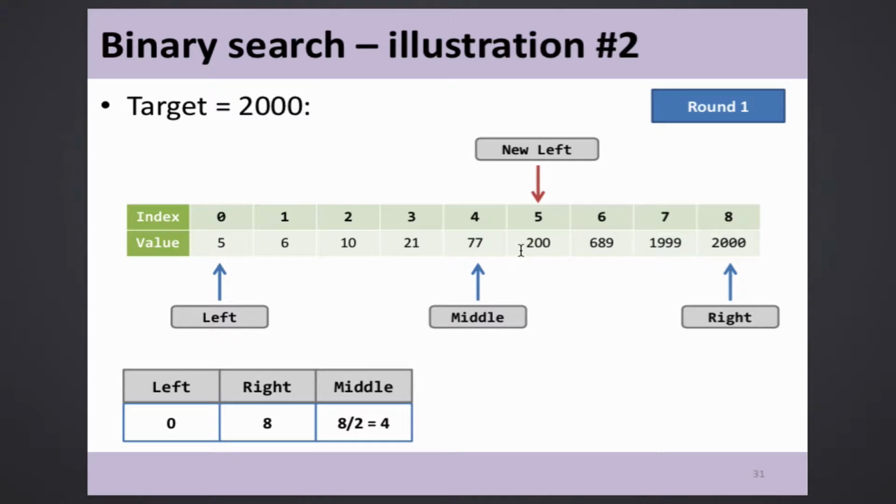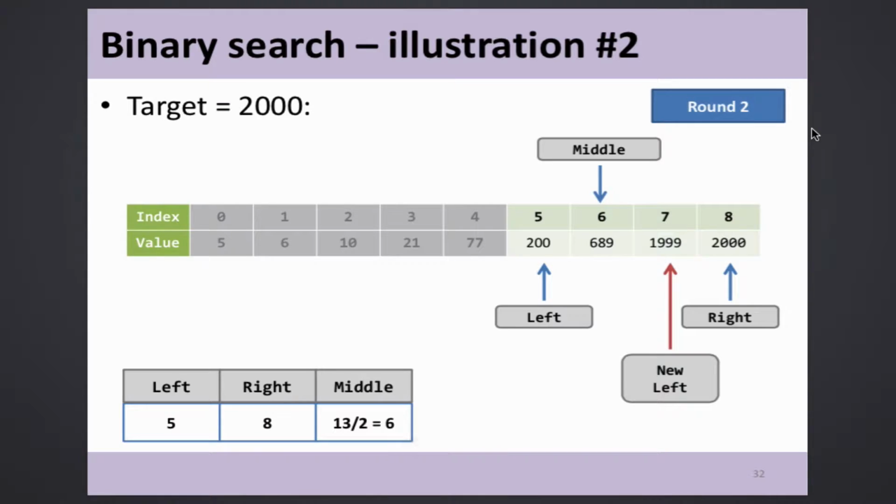Okay, so after this comparison, we know that the 77 is a smaller guy, so the target must be in this range. Okay? Then we remove half of the storage, basically we don't need it, and do another comparison and computation, know that this is the middle, and still my target is bigger, so these 2 slots, I can remove them.